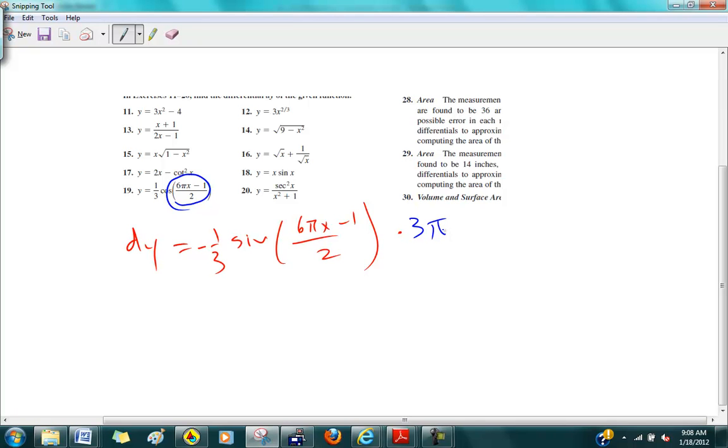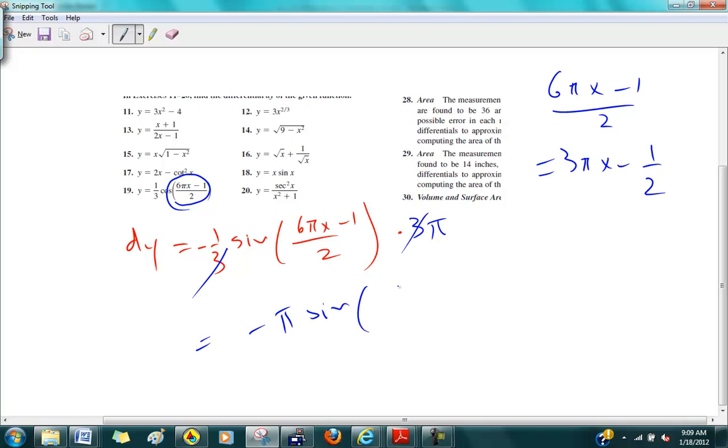If you rewrite 6 pi x minus 1 over 2 as 3 pi x minus a half, is it easier to see it that way? The derivative of 3 pi x minus a half is 3 pi. So then this 3 and this 3 cancel, and you get minus pi sine 6 pi. Janice, what's the answer at the back? Well, we missed 17 now.